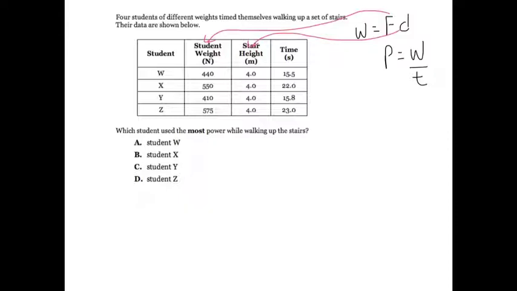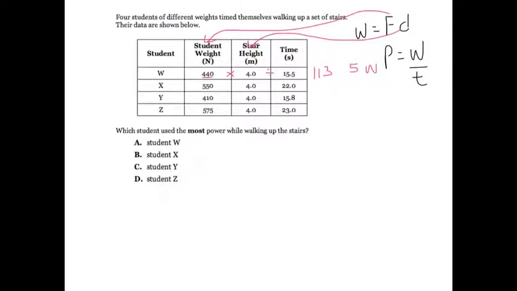So it becomes as easy as 440 times 4 divided by 15.5. So our first student, 440 times 4, is 1,760 joules of work divided by 15.5 seconds is equal to 113.5 watts of power.